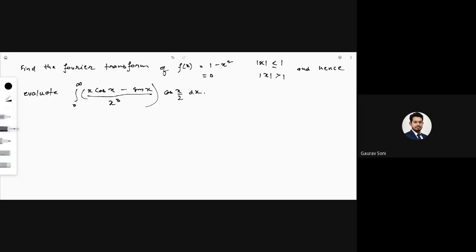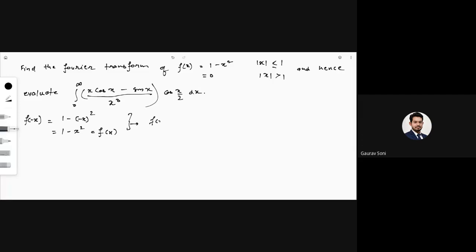So in this example, what we can observe is f of minus x is equal to 1 minus of minus x square, which is 1 minus x square, equal to f of x. So even if the question says find the Fourier transform, what we observe is the function is even, so I can quickly jump to finding the Fourier cosine transform.